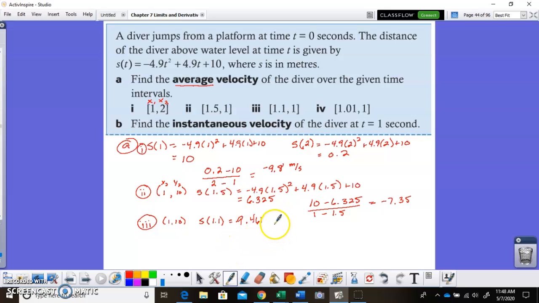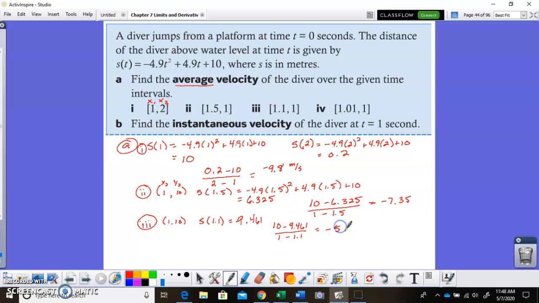So that means I'm doing 10 minus 9.461 over 1 minus 1.1. So 10 minus my last answer, divided by negative 0.1, and I'm getting negative 5.39.